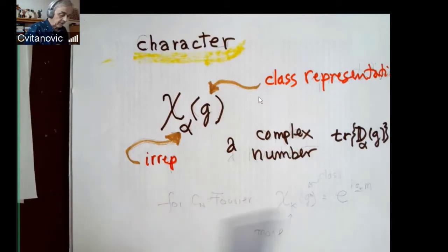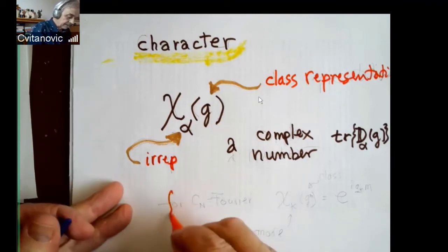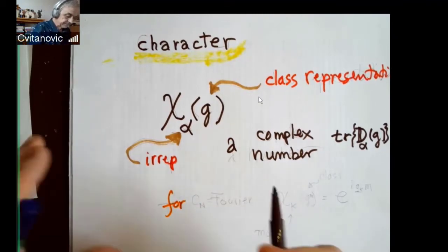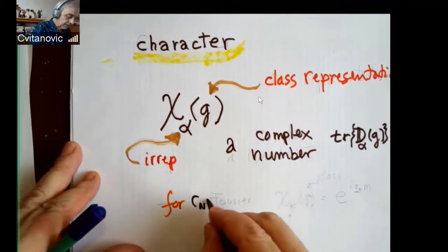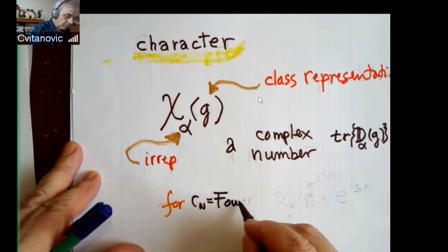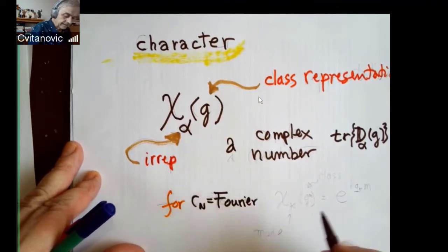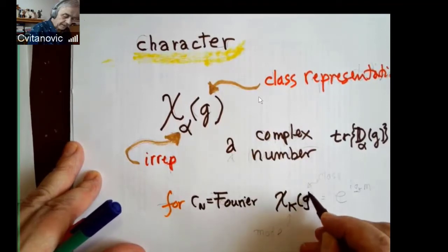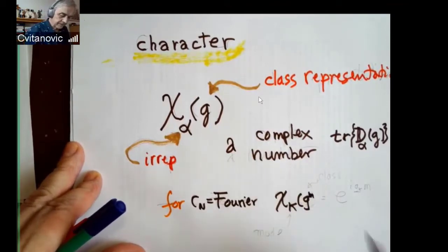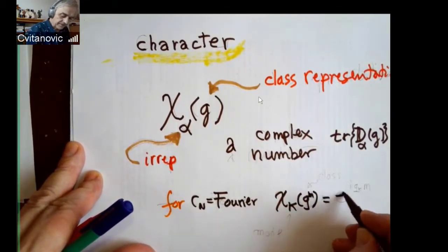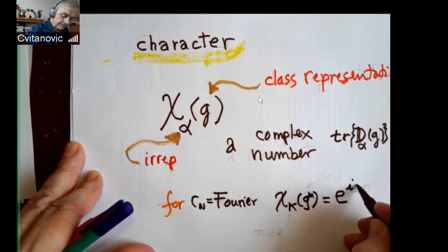Now, we know this already. So for example, for a cyclic group, on an element, this is called the Fourier representation. And the character of the mth element, so the shift raised to power m, is a complex number, and a very nice one.